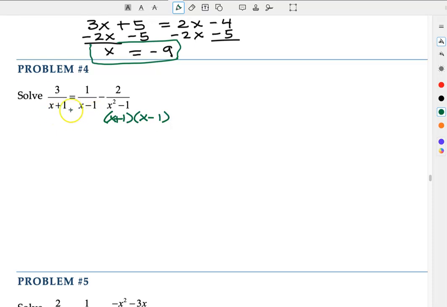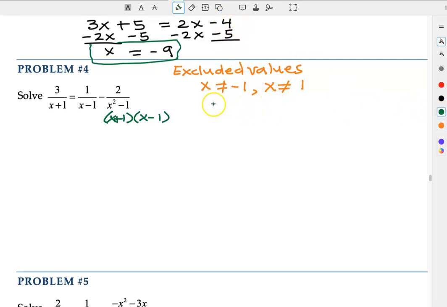And those can't factor any further, right? So again, let's say what our excluded values are. We don't want to forget that. So what can x not be on this? Negative 1. Yep, can't be negative 1. X also can't be 1, right? So those are our two excluded values.